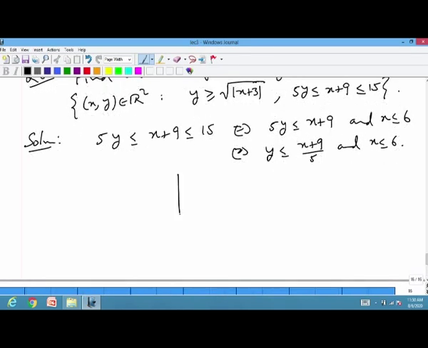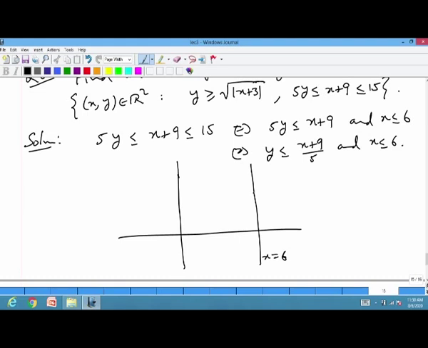So, this region, we have x equal to 6 and y equal to (x plus 9) by 5 is the straight line. This intersects x equal to 6. If we put x equal to 6, then y is (6 plus 9), 15 by 5, which is 3.